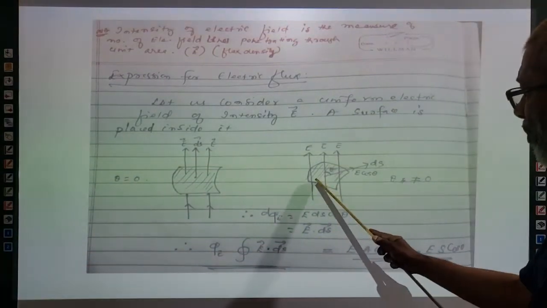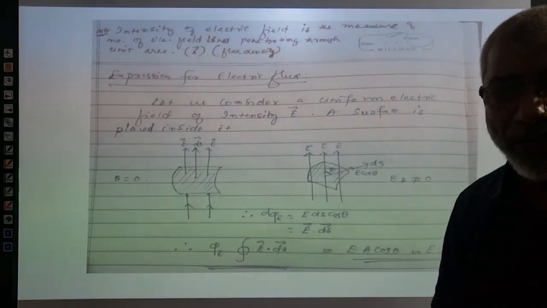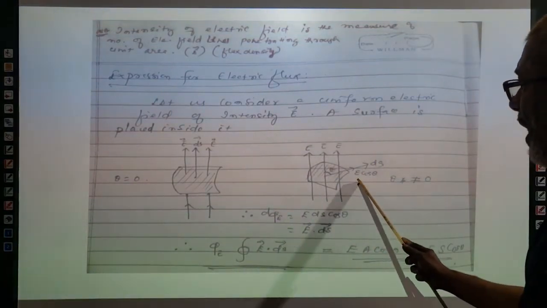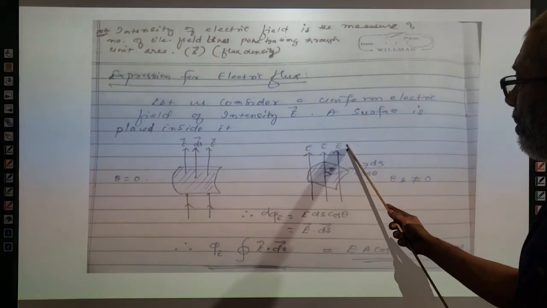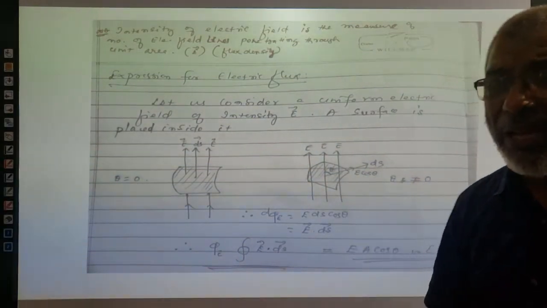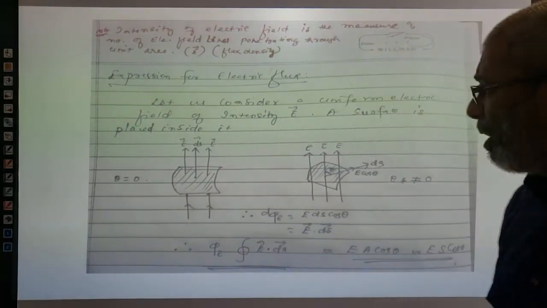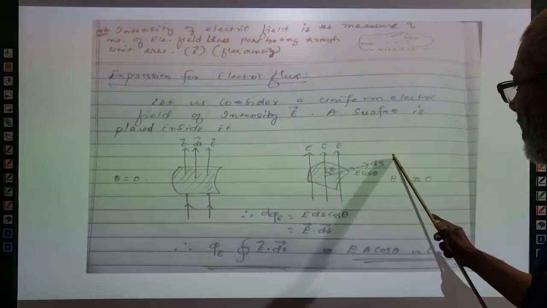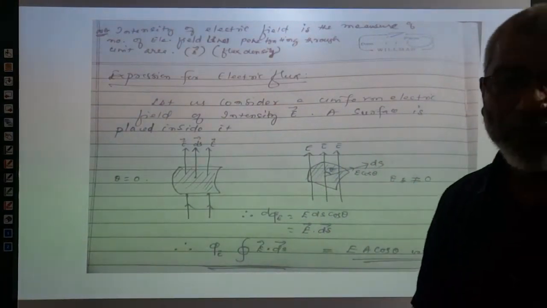So along the surface vector, to obtain the intensity of electric field, we have to see that electric field is a vector quantity that can be resolved into two components. The component of the electric field along ds is E cos theta.